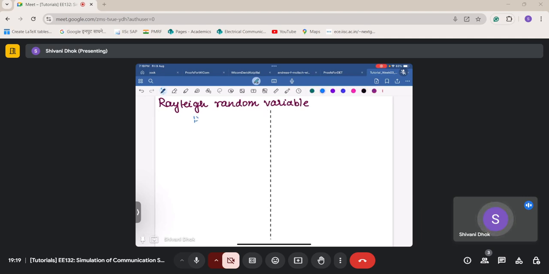So what we have is the PDF fX(x) equal to 2x by sigma square into e power minus x square by sigma square for x greater than or equal to 0. How will it look?